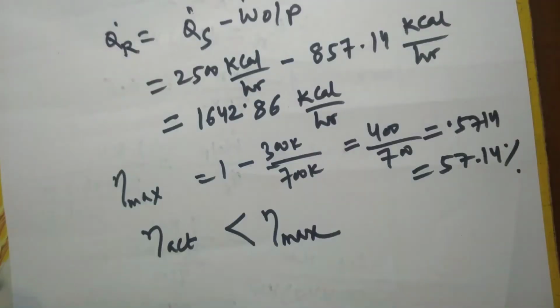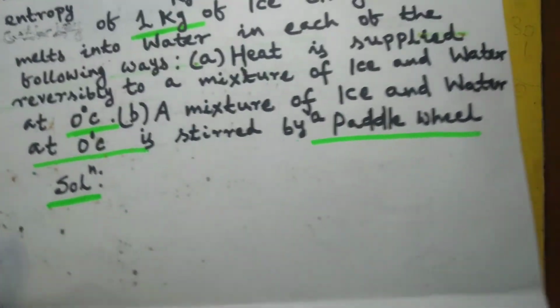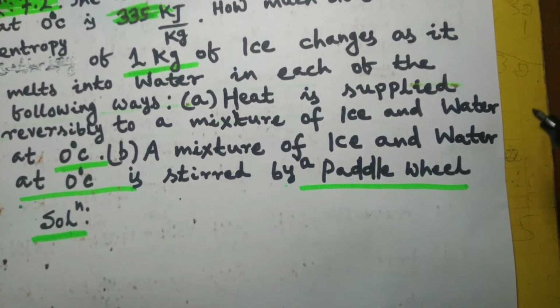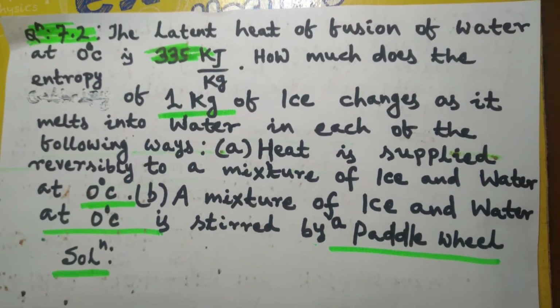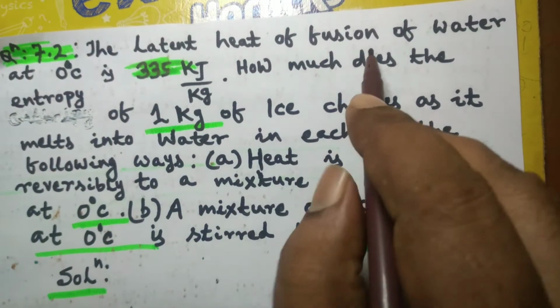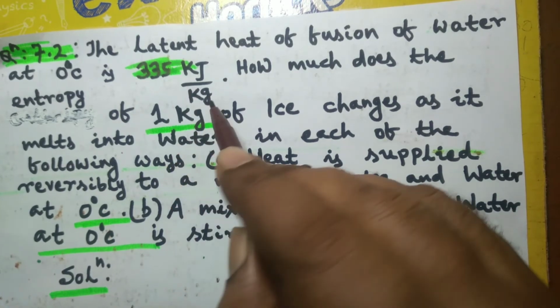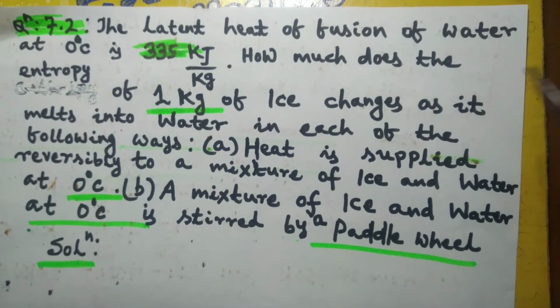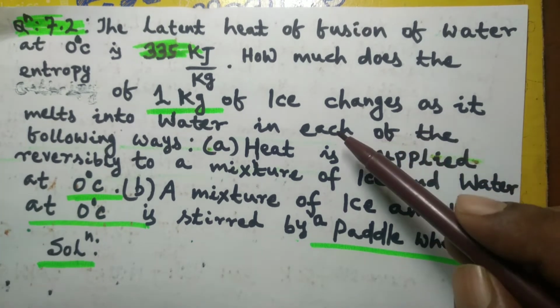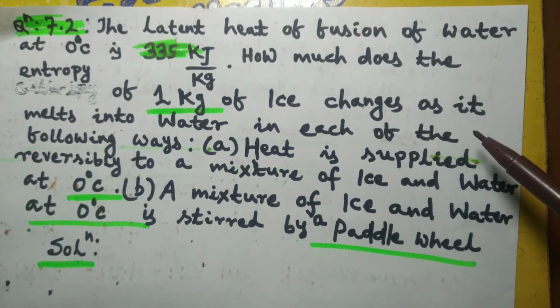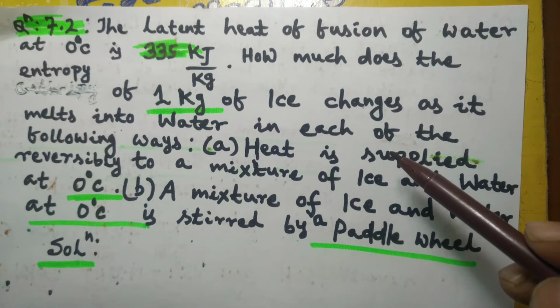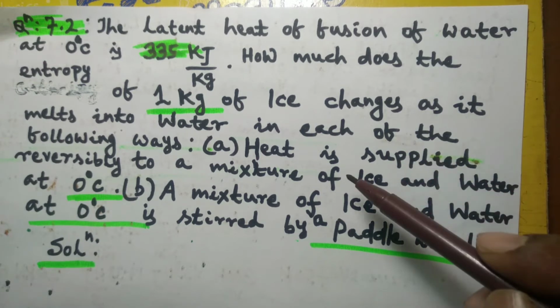So next is question number 2. You see, the question is like this. The latent heat of fusion of water at 0 degrees Celsius is 335 kilojoule per kg. How much does the entropy of 1 kg of ice change as it melts into water in each of the following ways?